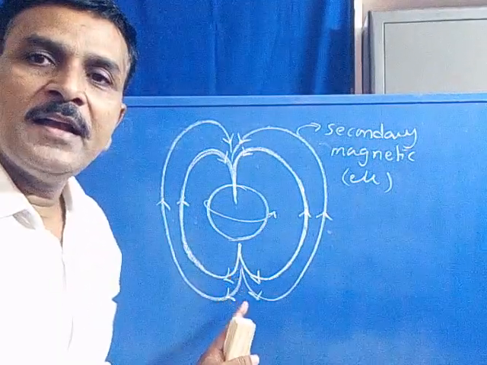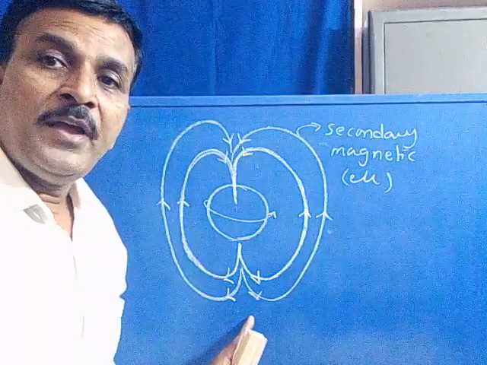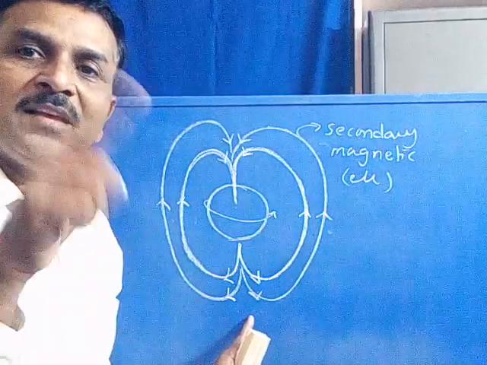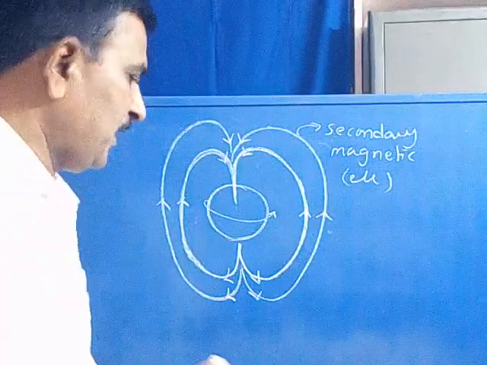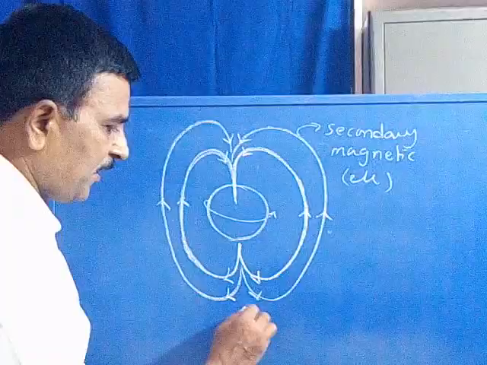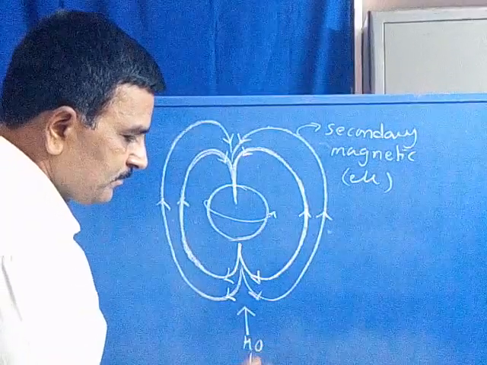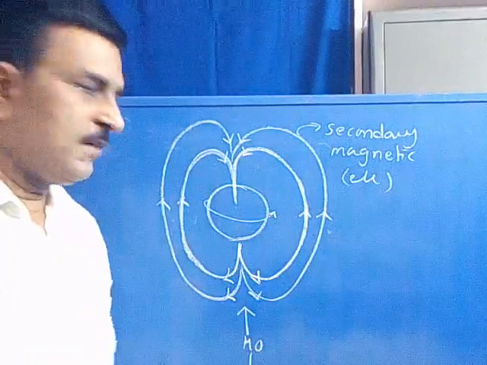That is, the secondary magnetic field where its direction is exactly opposite to the direction of the applied magnetic field. Say this is the direction of the applied magnetic field.